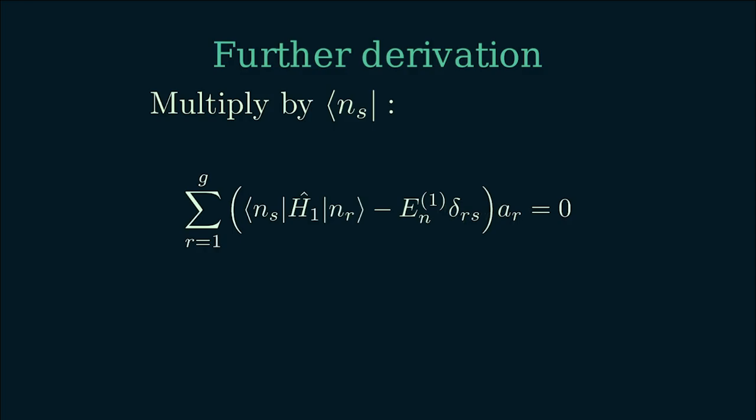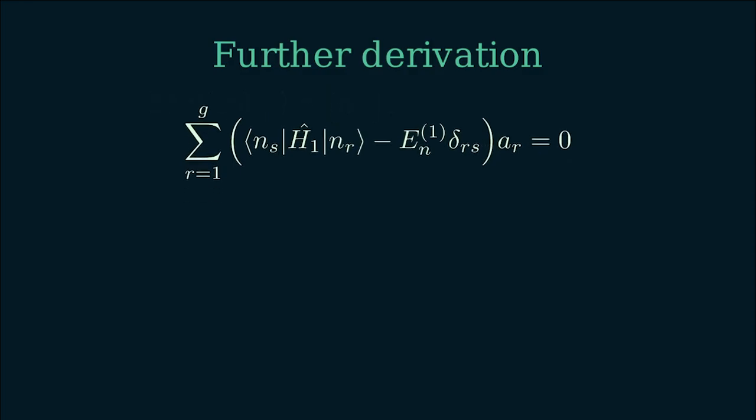Now we'll dwell on this equation for a little while because moving forward it's critical that we understand this equation thoroughly. A useful strategy when you want to get the feel for a certain equation with a sum like this is to actually write out the terms.